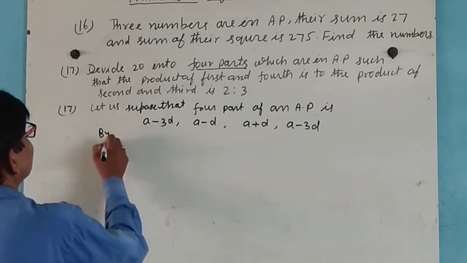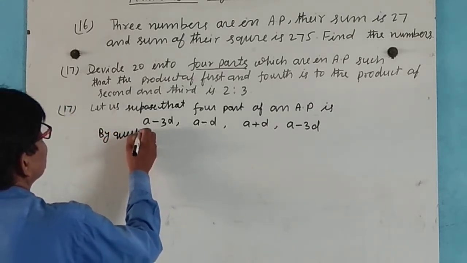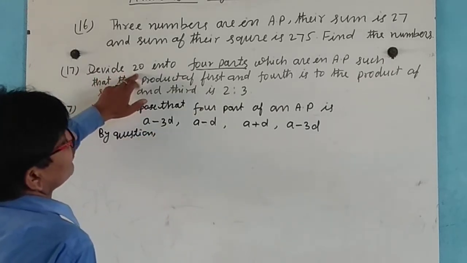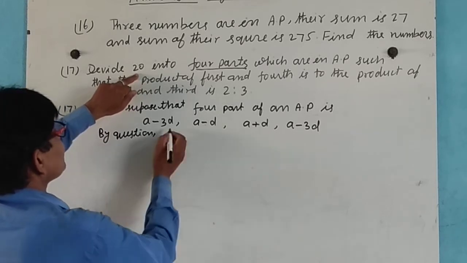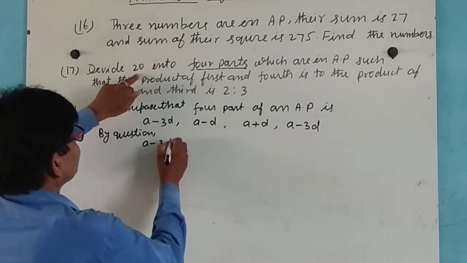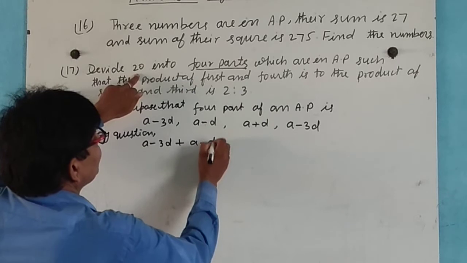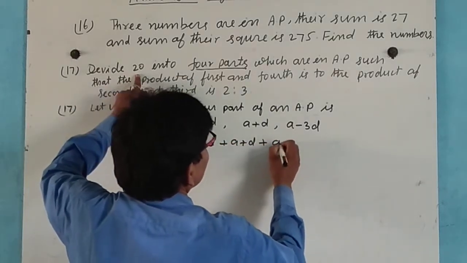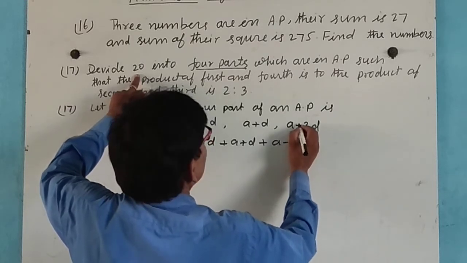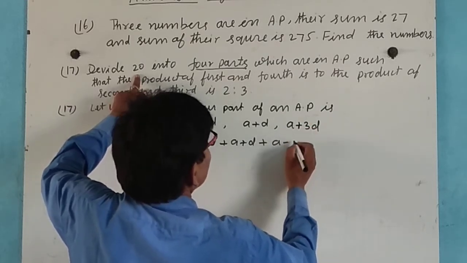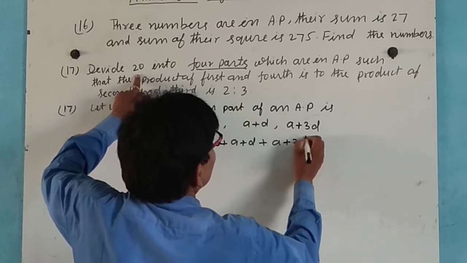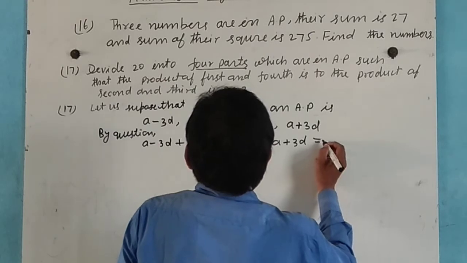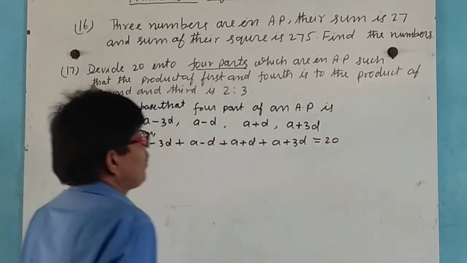By equation, divide 20 into 4 parts, so that the sum of these A minus 3D plus A minus D plus A plus D plus A plus 3D equal to 20.